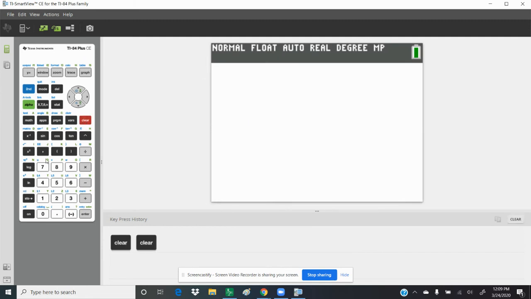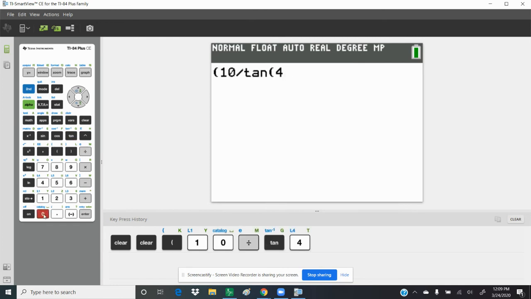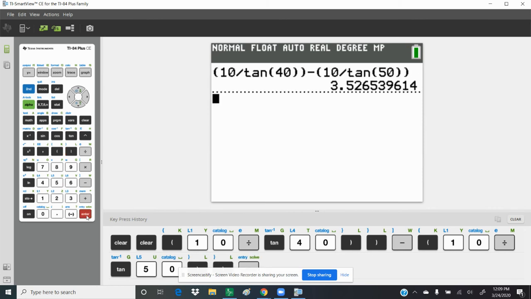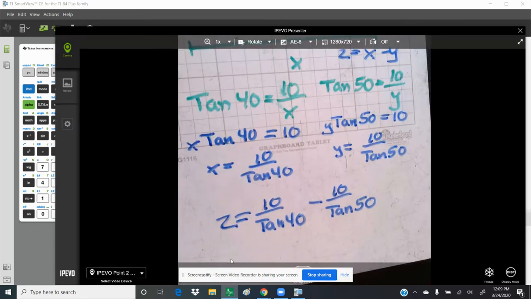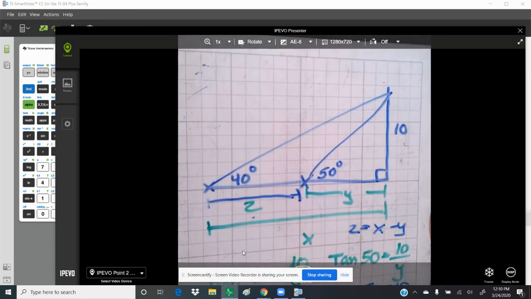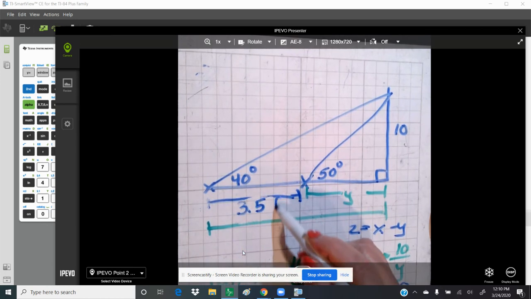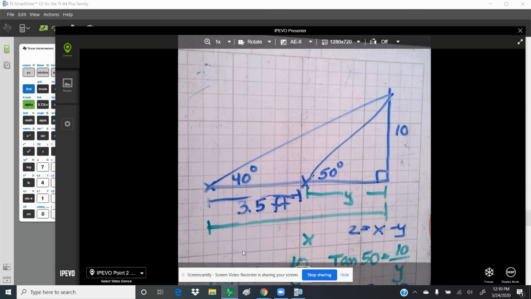I can say 10 divided by the tangent of 40, minus 10 divided by the tangent of 50, equals 3.5. And that's how far those two are apart from each other. Right here on this diagram, this z now is 3.5 feet, which is what the question asks you to solve for.